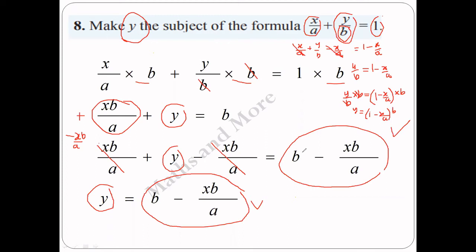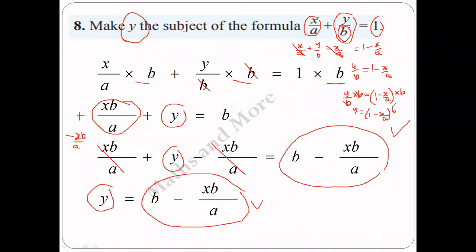Y is the subject. You will notice that the answers look different here. Y equals B minus XB over A, but here Y equals within brackets 1 minus X over A, times B, but both are correct. Both answers are the same. Think this way.